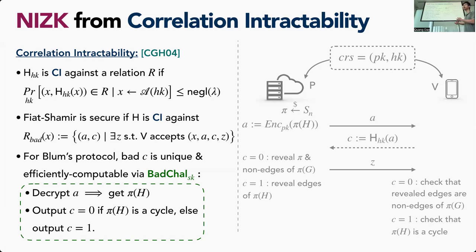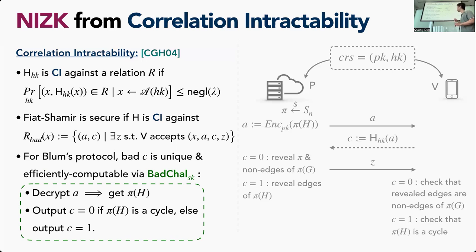And so the way that you would do it is that you would first decrypt the first message, the encryption, and then you get some graph. And then the intuition is that the prover can either cheat by not committing to a cycle, in which case you would catch it, or it may commit to a cycle, but then it will fail to answer the first challenge, the challenge C equals 0.